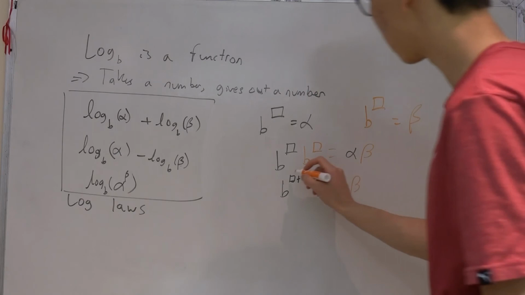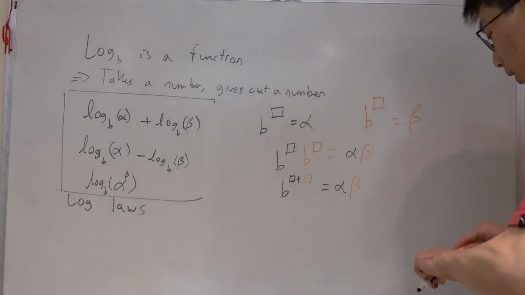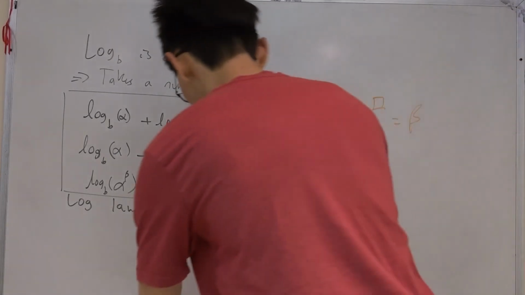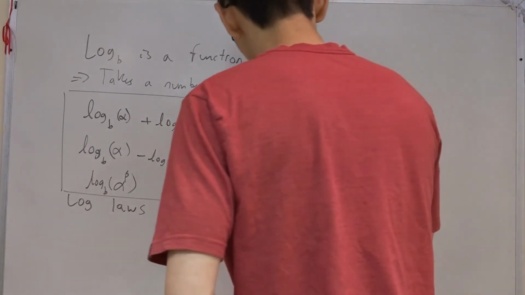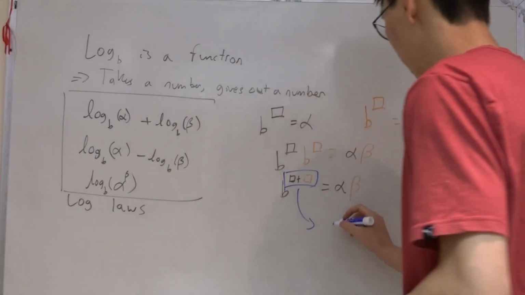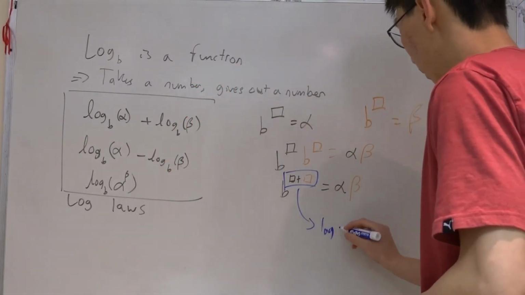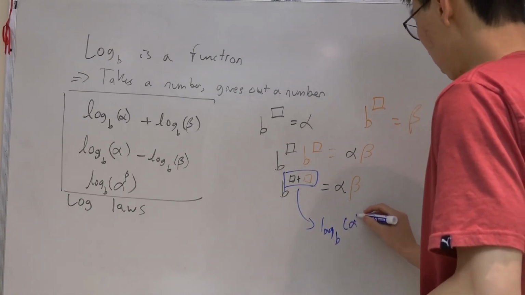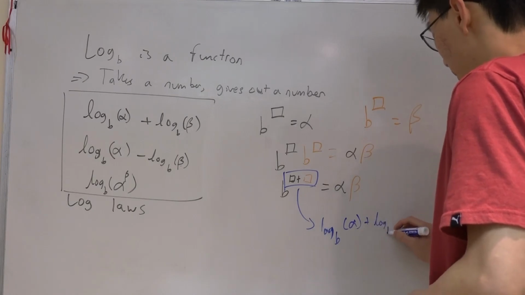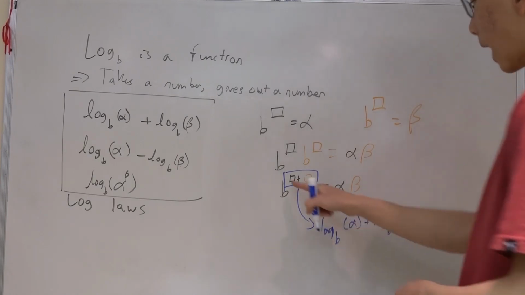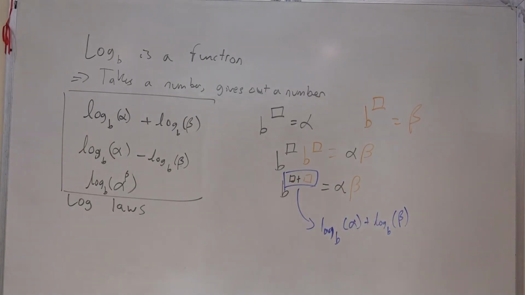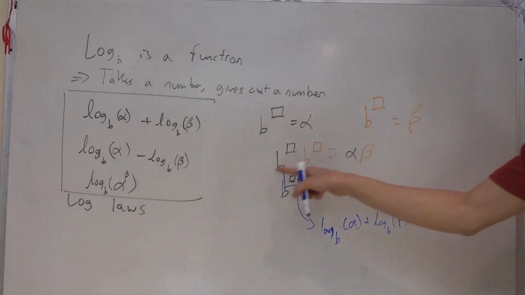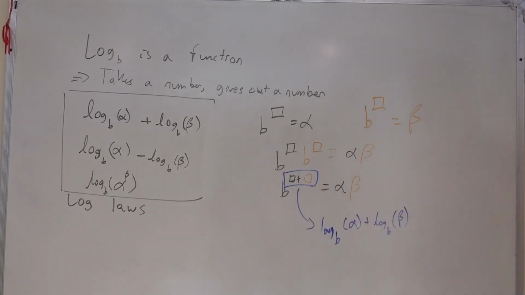Remember, this expression here is what we were after, the black box plus orange box. Right. This thing here is log of B to the alpha plus log of B to the beta. This is exactly what we're after. Okay? And what this equation here tells us is that we can also interpret it a different way.